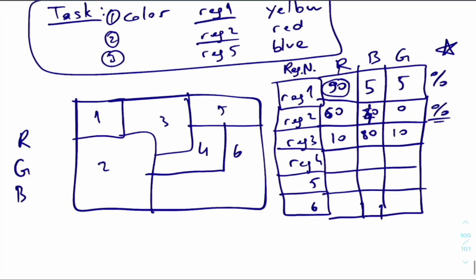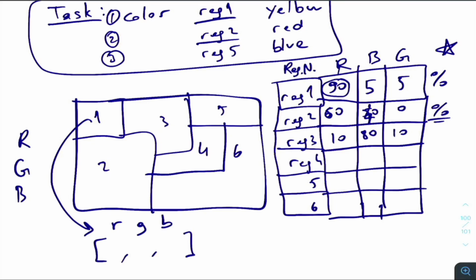For example, you can use R, G, B, right? Here I'm going to call R normalize percent, right?